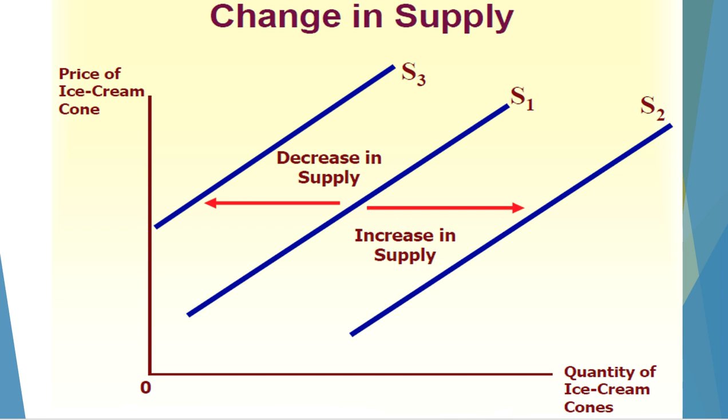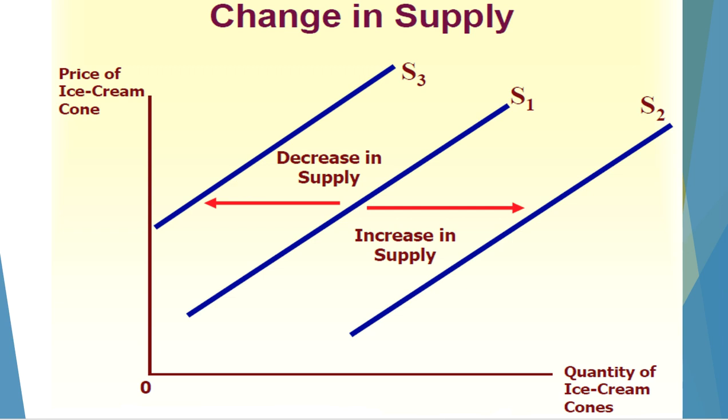So, what did we say earlier? Changes in supply occur when the supply curve shifts to the right or left due to changes in factors other than the price of the good itself.